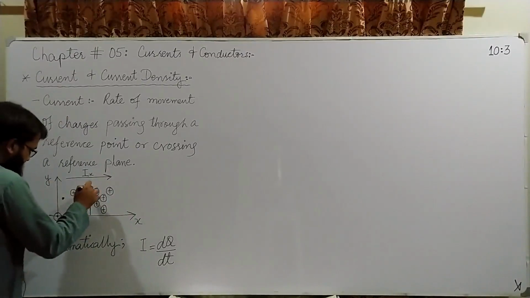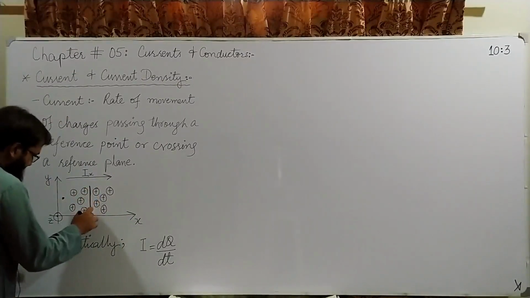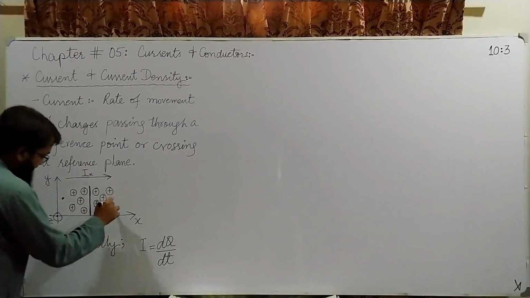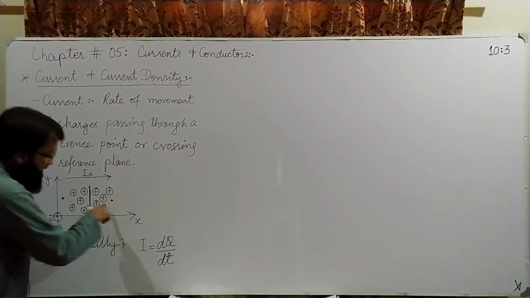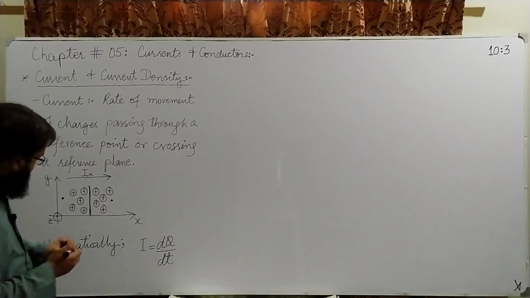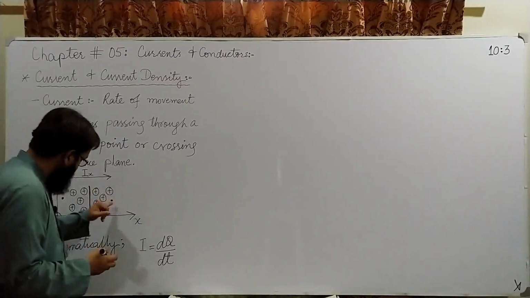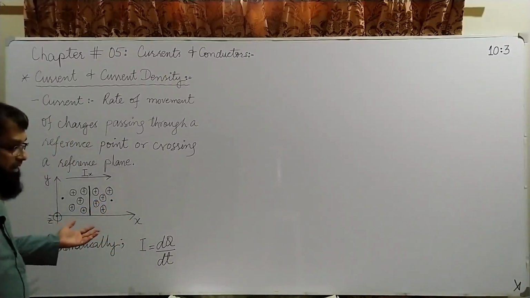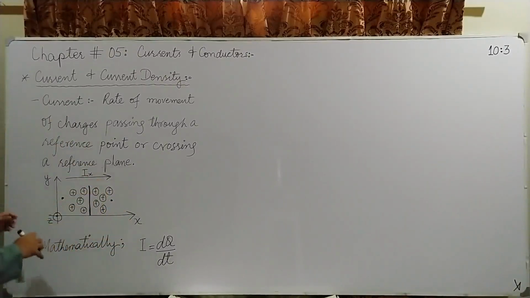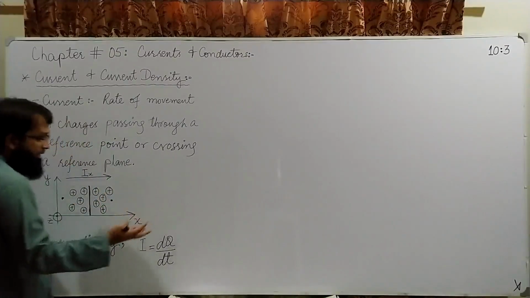It is not really necessary for me to define a plane. No, I can define a point as well, and observe how much amount of current is passing through this point in 1 second. Then that amount of charge which is passing through this point in 1 second would be current.